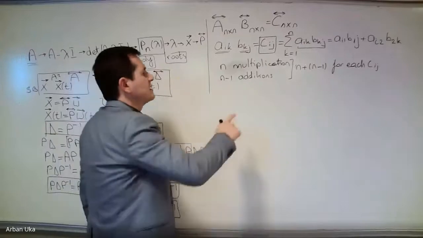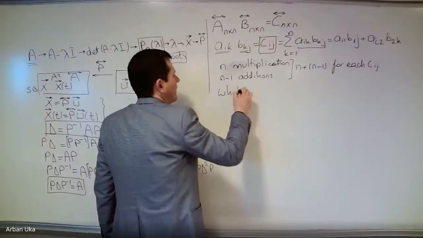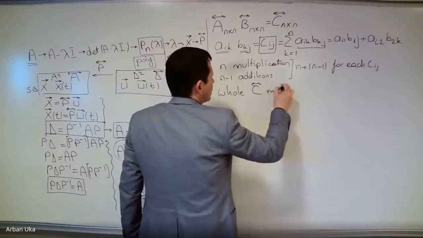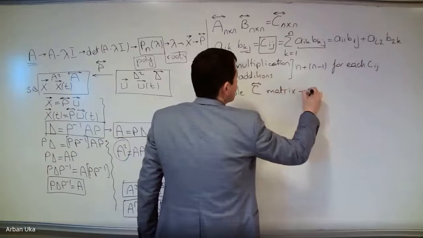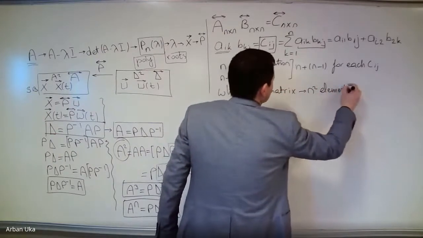Now, how many elements does the matrix C have? n times n, n squared. The whole C matrix has n squared elements.